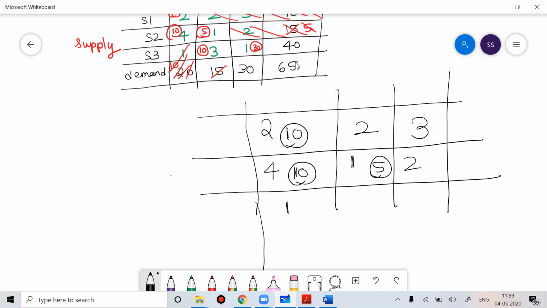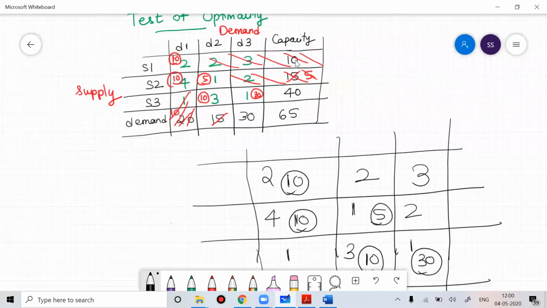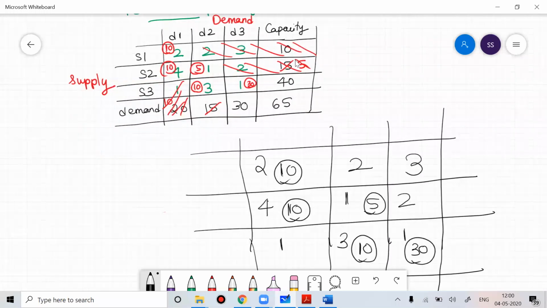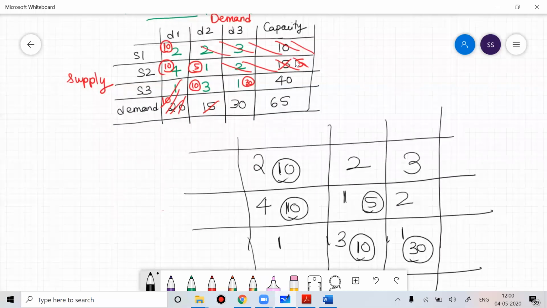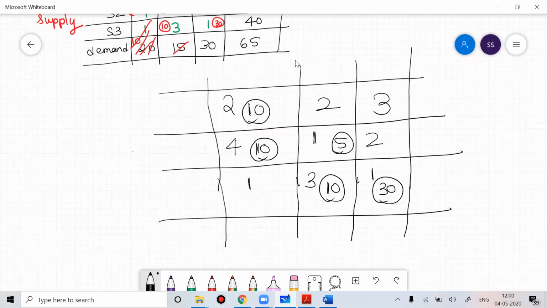Then this is 1. Then this is 3. It has a value of 10. Then 1. It has a value of 30. Correct. So 2, 10, 2, 3, then 4, 10, 1, 5, 2, 1, 10, 3, 1, 30. Okay. So you got this.